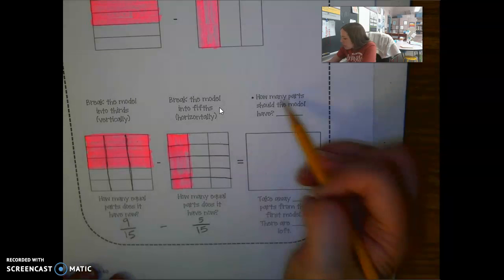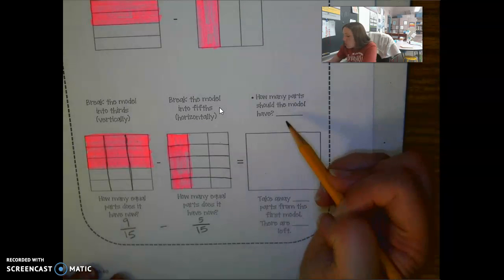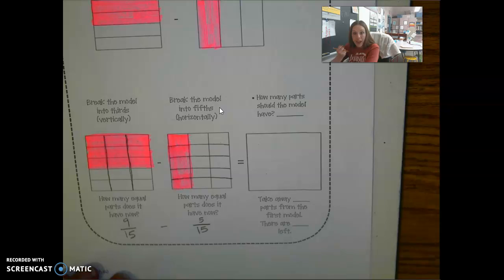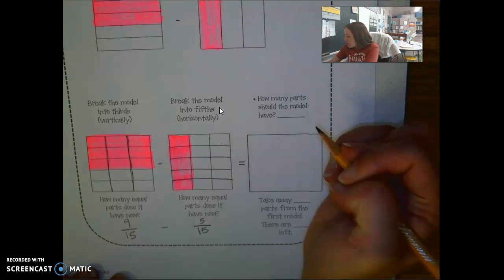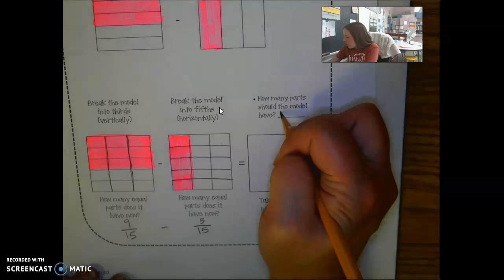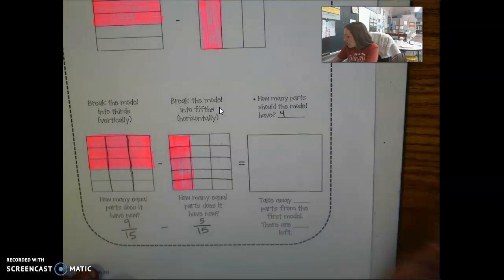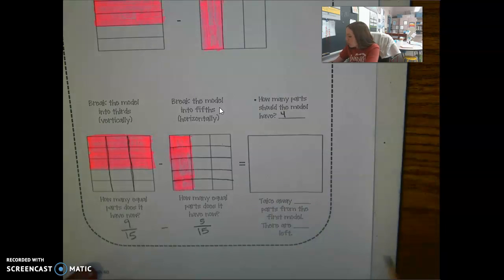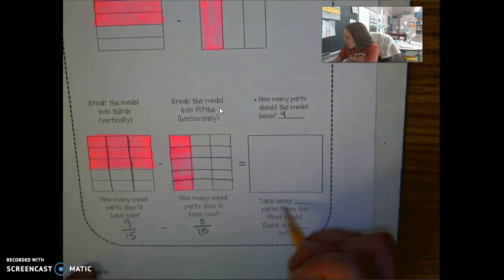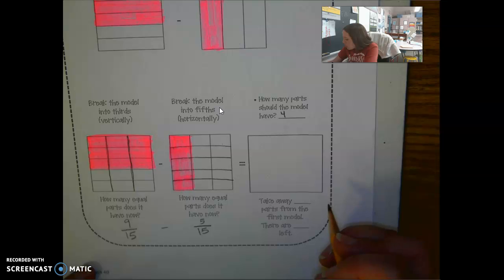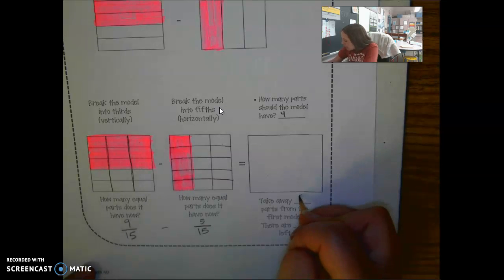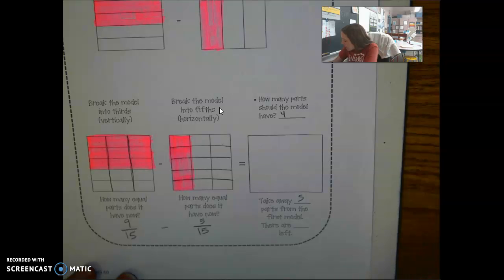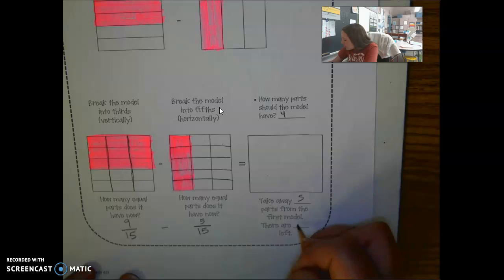So now, how many parts should the model have? Well, if we're taking parts away, we're not going to add them, we're going to subtract. So that would be 9 minus 5 should be 4 out of how many total? Well, let's see. If we take away 5 parts from the first model, there are 4 left.